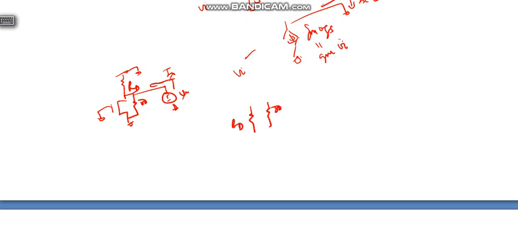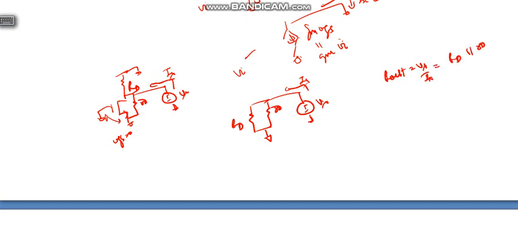The Gm Vgs term will be 0 because Vgs equals 0. So R out equals Vx upon Ix equals RD parallel ro. So ADC is given by Gm into R out, which equals minus Gm into RD parallel ro.